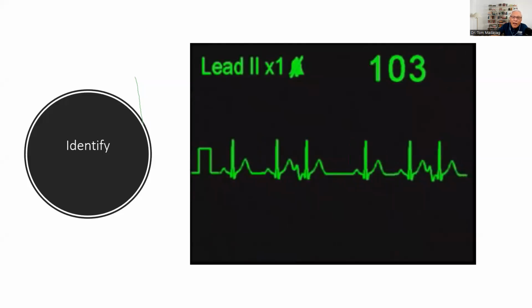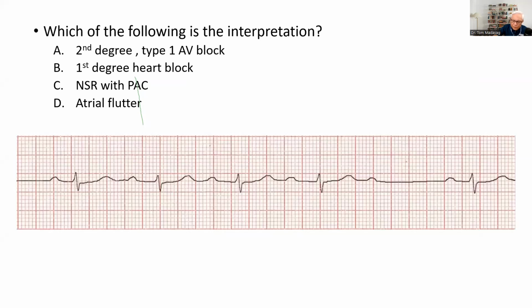Okay, so we have a rhythm that is interrupted sometimes by the occurrence of a premature beat. And you can actually hear it. For those of you who work in monitored situations, you can hear the premature beat as illustrated here.